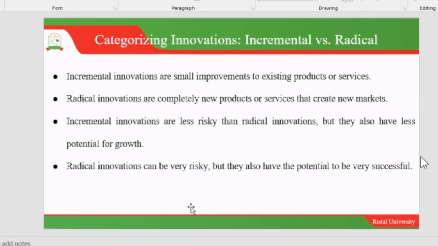Because there is nothing that is so different, okay? But radical innovations can be risky because we're not yet sure if it is going to really work, okay? But they have that potential to be successful in case people like the idea, which is new, which is intriguing, or which is very interesting. Then it is always likely to really be successful.